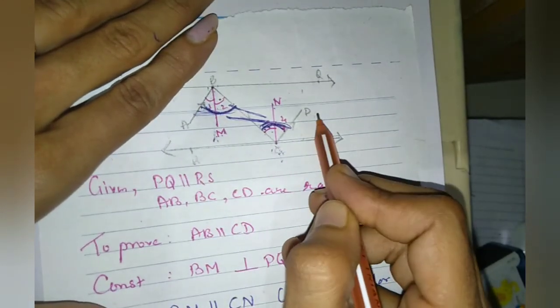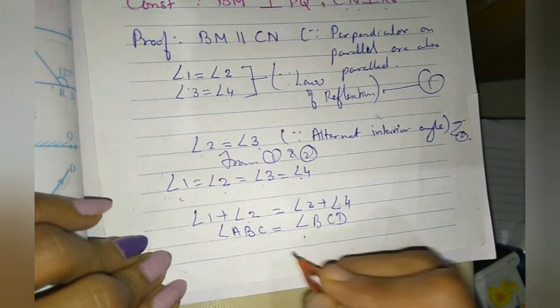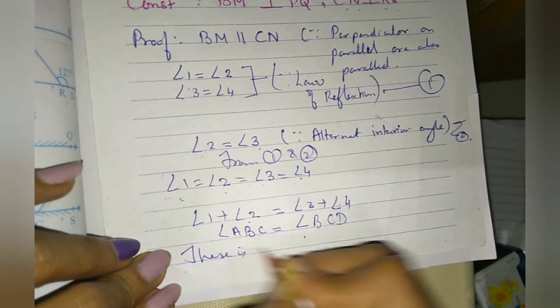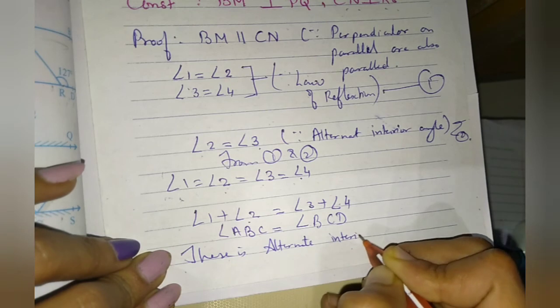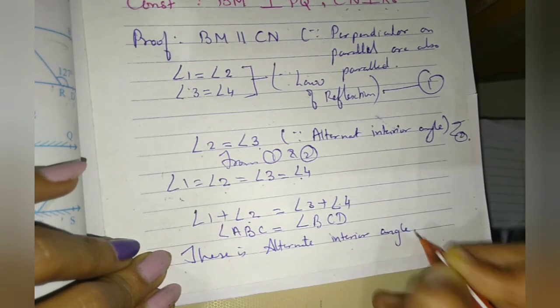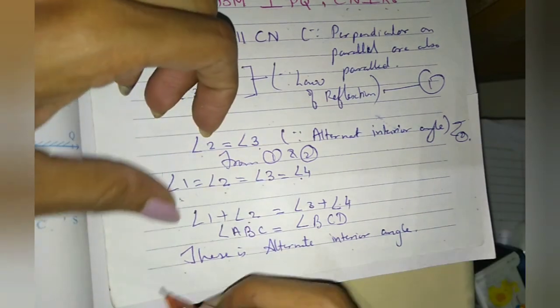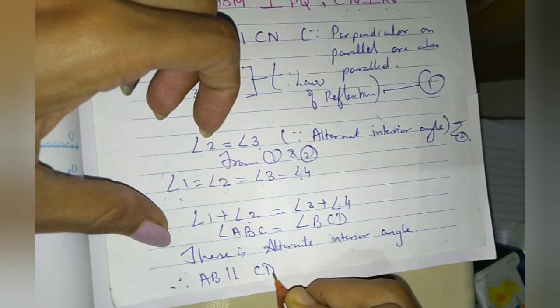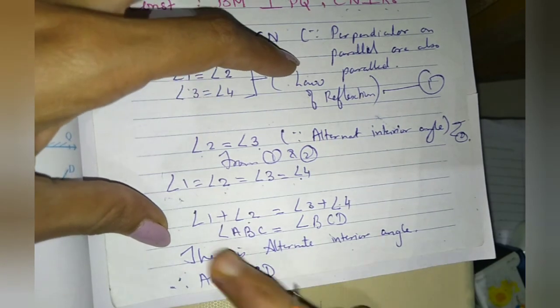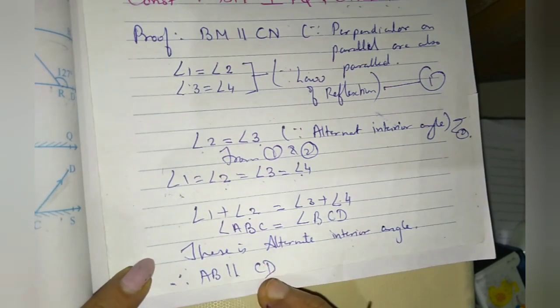So we can say that AB is parallel to CD, by the theorem that if alternate interior angles are equal, then the lines are parallel.